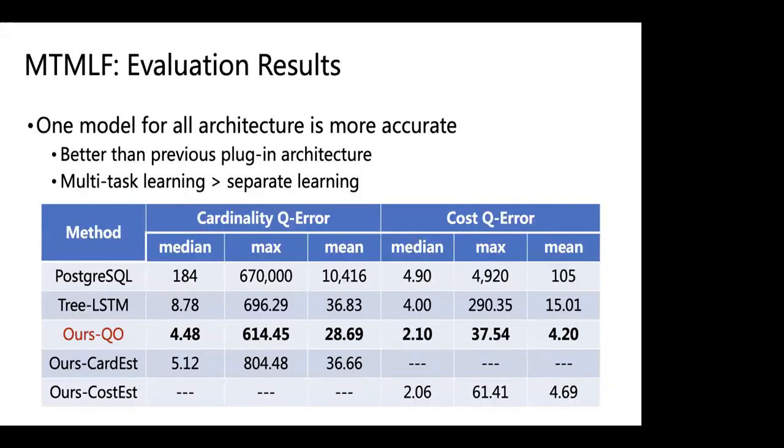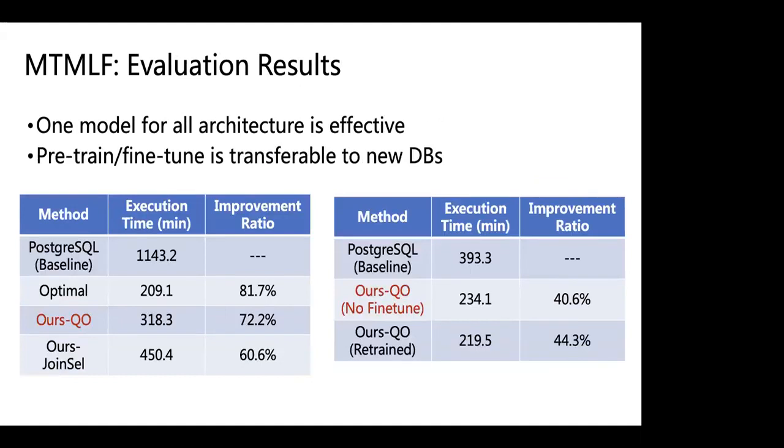By our evaluation, we found that it is better than the previous plug-in architecture, and multitask learning is better than separate learning. It also has some transferability across different data, and it can be transferred to new DBs effectively.